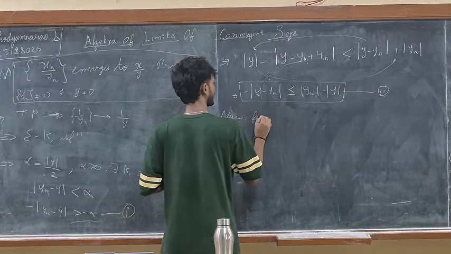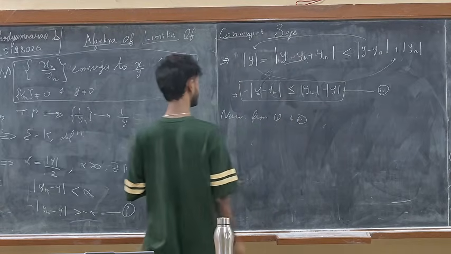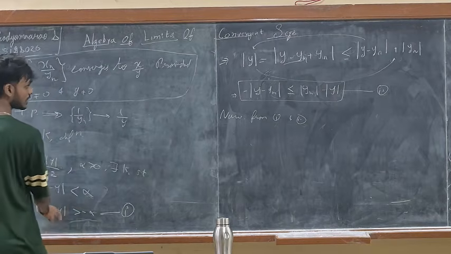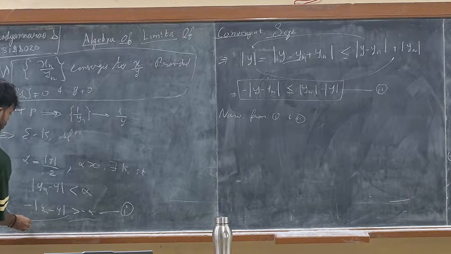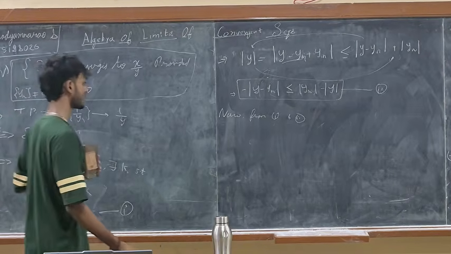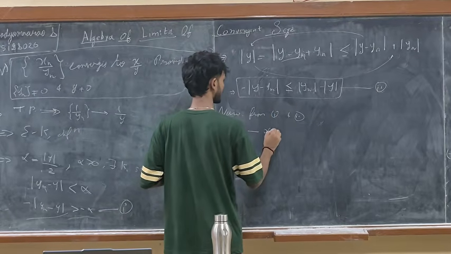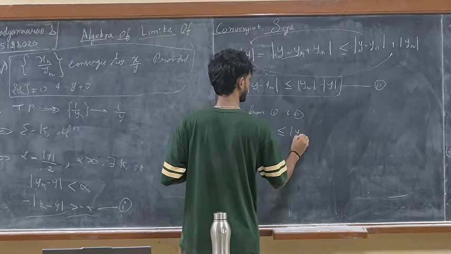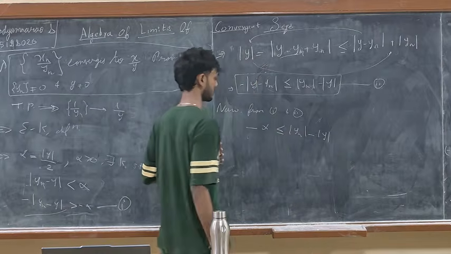Now from 1 and 2, we can substitute equation 1 in equation 2. We can put the value of mod y_n minus y as minus alpha. So minus alpha is less than or equal to mod y_n minus mod y.